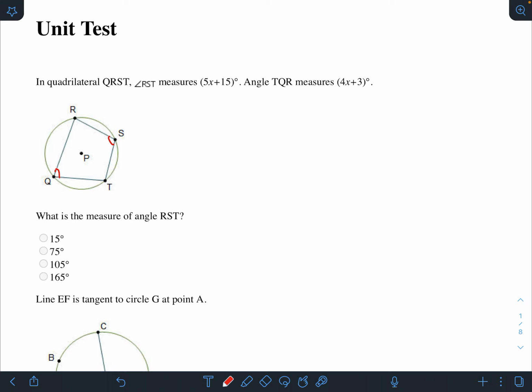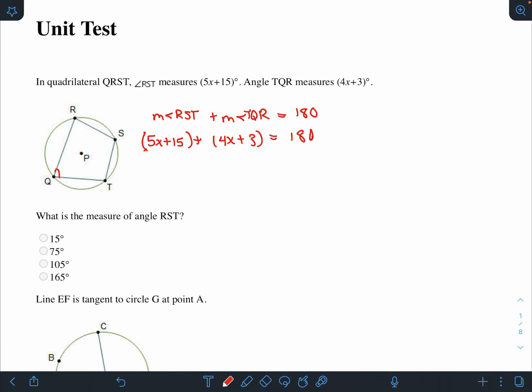So these two angles right here, they're not going to be congruent, but they will add to be 180. So I know that the measure of RST plus the measure of TQR is 180. And I can plug in the values I know, 5x plus 15 plus 4x plus 3 equals 180.